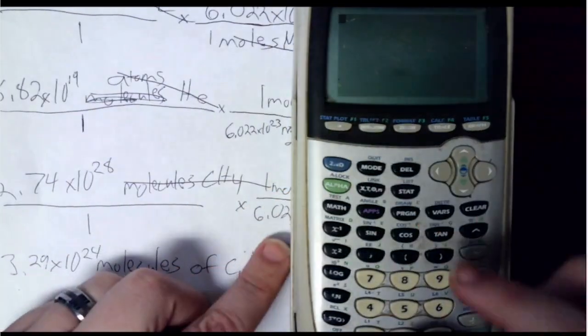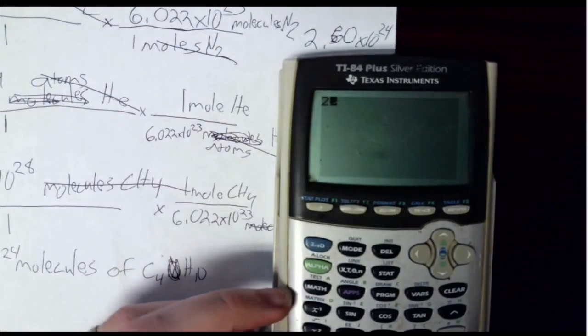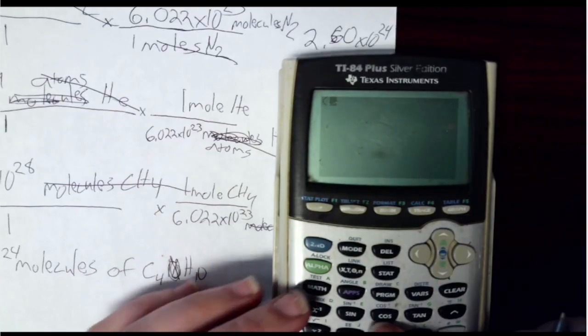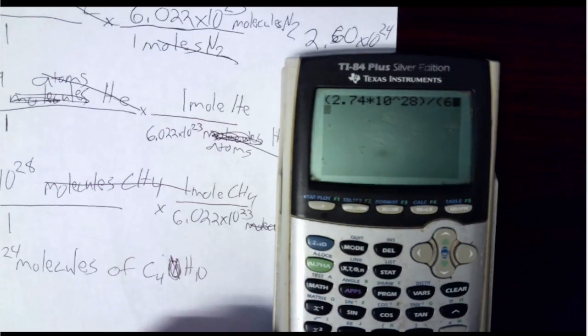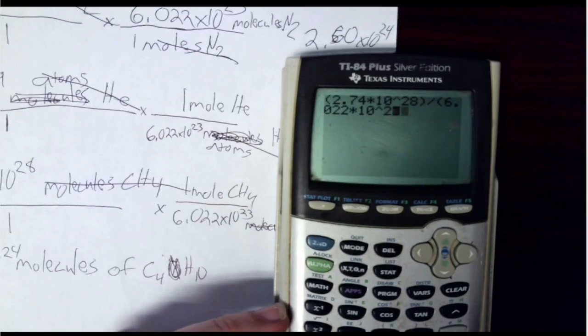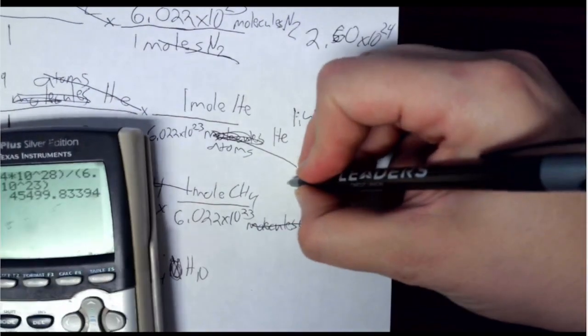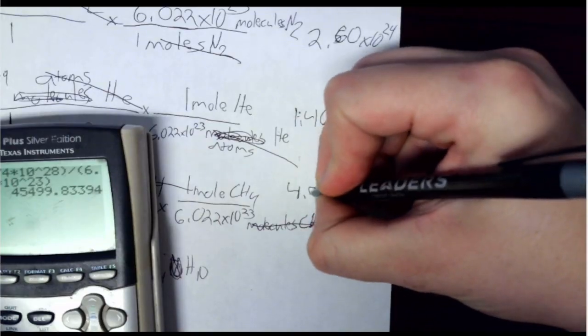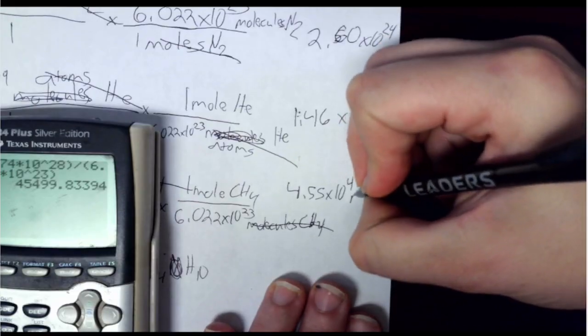Now, the reason I wanted to use a different calculator is so you can see if I put these both in parentheses, 2.74 times 10 to the 28 divided by, in parentheses, 6022 times 10 to the 23rd, I get what is essentially 4.55 times 10 to the fourth moles.